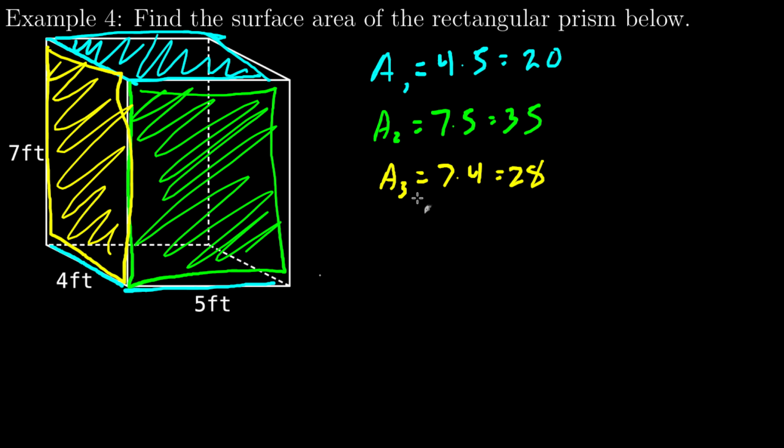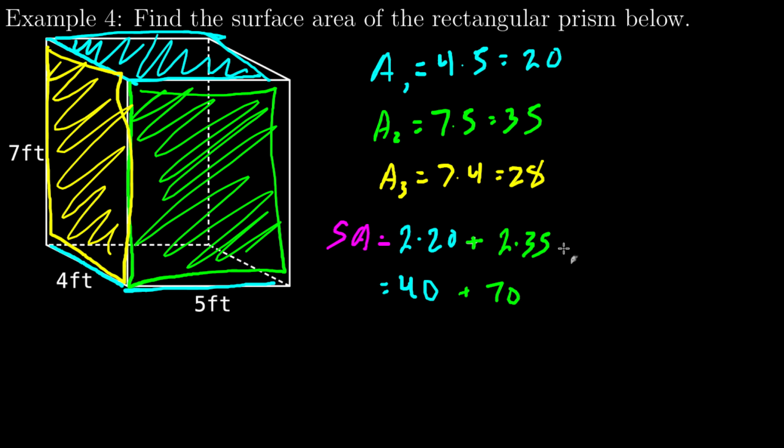Each one of these faces shows up 2 times, so the whole surface area will be 2 times 20, which is 40, plus 2 times 35, which is 70, plus 2 times 28, which is 56.